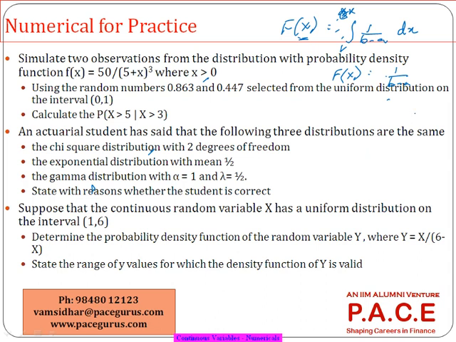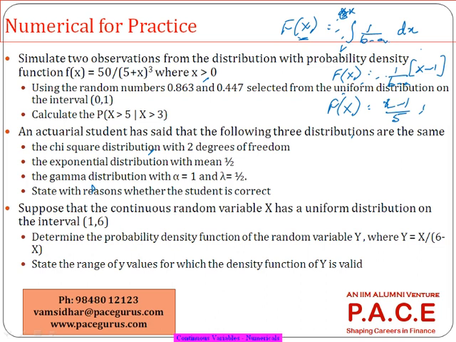So this becomes 1 by b minus a into x minus 1, because the integration of 1 by b minus a is nothing but x, and if I take the limits x and 1, it becomes x minus 1. So capital F of x is nothing but x minus 1 by 5, because b minus a is 5.